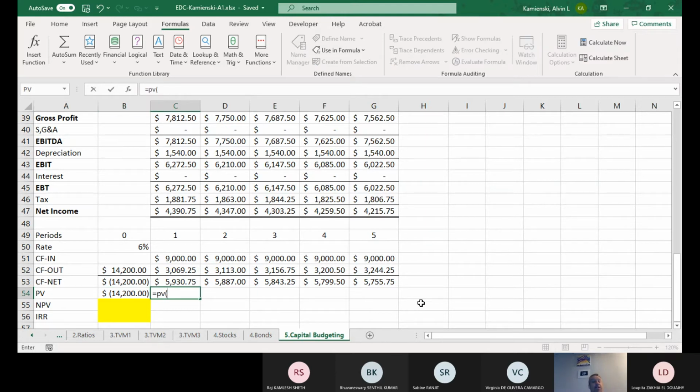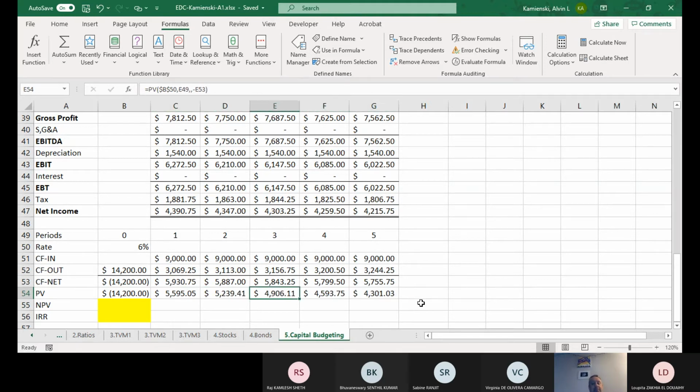Because in the next period, period 1, at a rate of 6% again, if I now have to wait one period, I'm going to forward through to the future value, and again hit the minus sign there. If I make 5930 in a year, today that would be worth like 5595 to me.